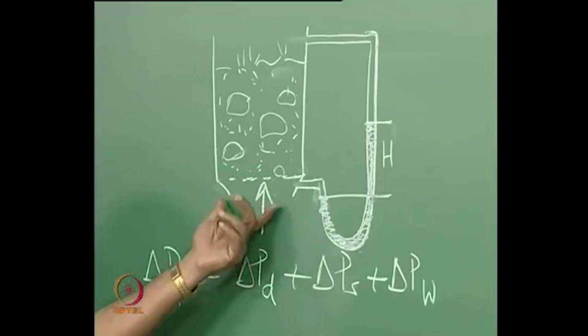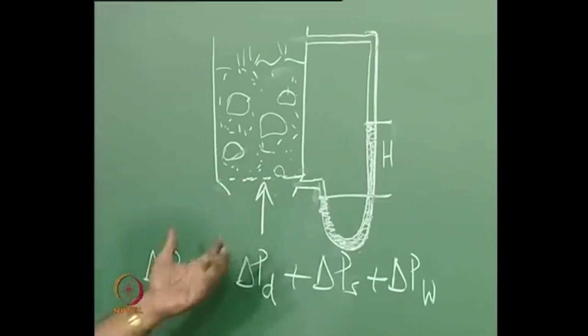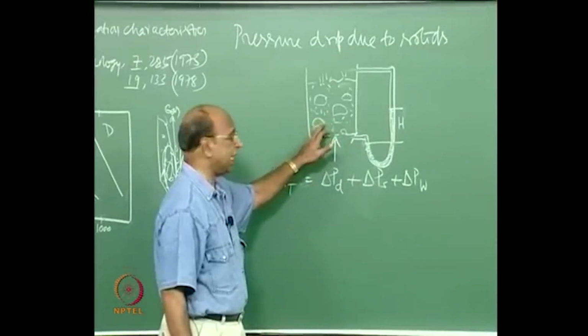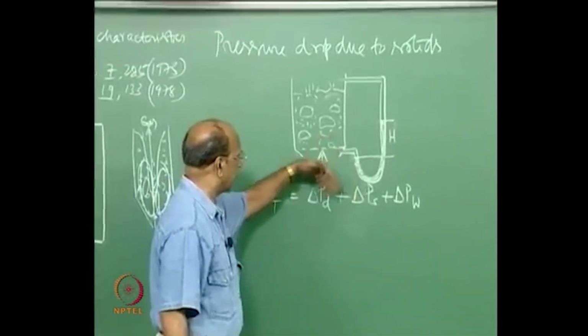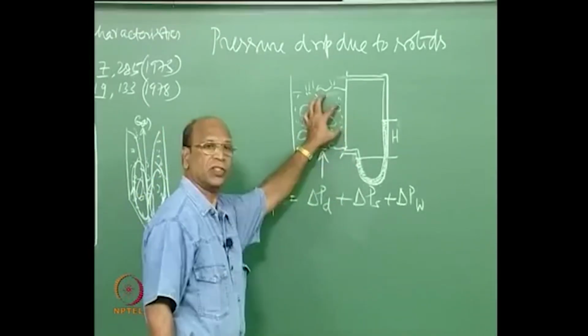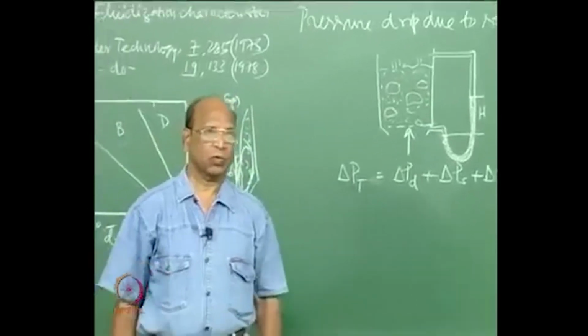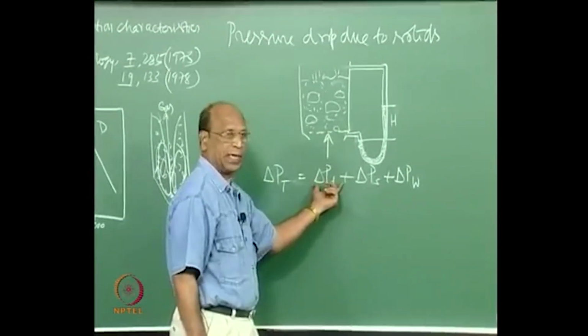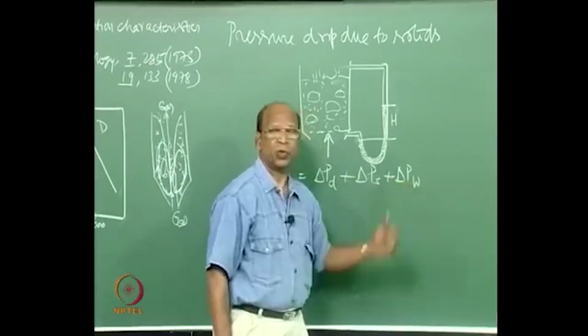Okay. So, what I do is before starting the experiment, that means before putting the solids inside this, I do the experiment for the same velocities, different velocities, without any solids. What do I get? I get the pressure drop due to distributor plate and also pressure drop due to wall.